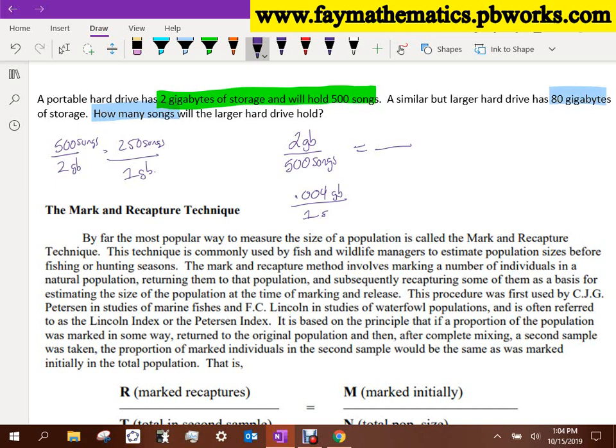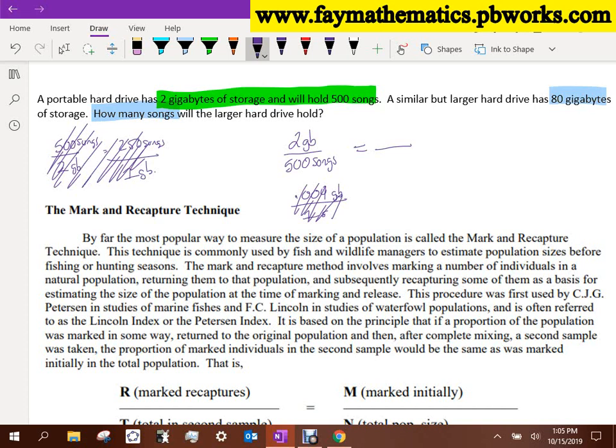Okay. Yeah. So here's the idea, guys. I don't want to have to think about how can I convert this down to a unit rate or something like that. So you're probably not going to do what we just did there. You're going to start and say, okay, in that green, I have a relationship between gigabytes and how many songs that will hold.